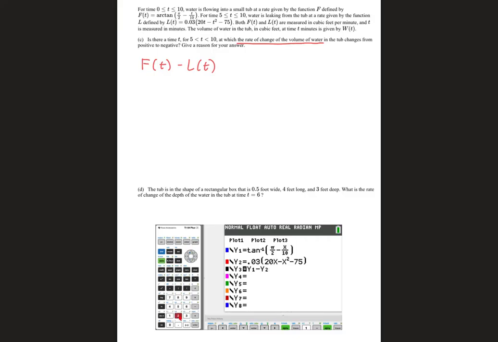Remember y1 was f of t and y2 was L of t, so y1 minus y2 is this exact function, f of t minus L of t. We want to see if this changed from positive to negative at some point on the interval from 5 to 10. So it makes sense to graph it, but also to change the window.